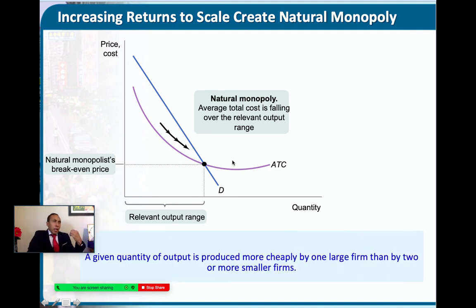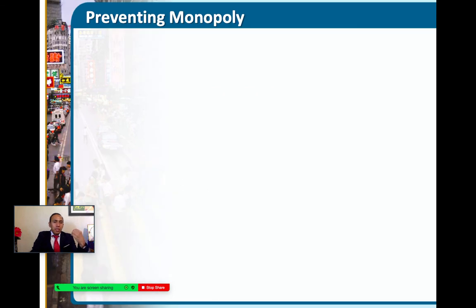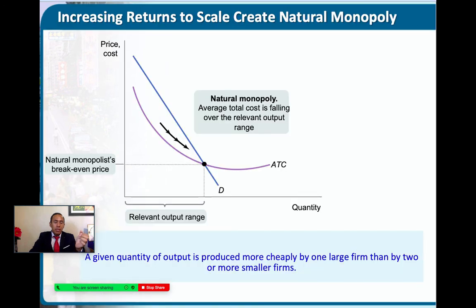Now, what companies fall in this category? Utility companies. Utility companies that produce accessible goods to consumers, like the gas company, the water company, the Department of Water and Power. You just have one gas company providing the goods and services for thousands of consumers in a city, rather than having multiple gas companies building the water and gas lines, and so on.